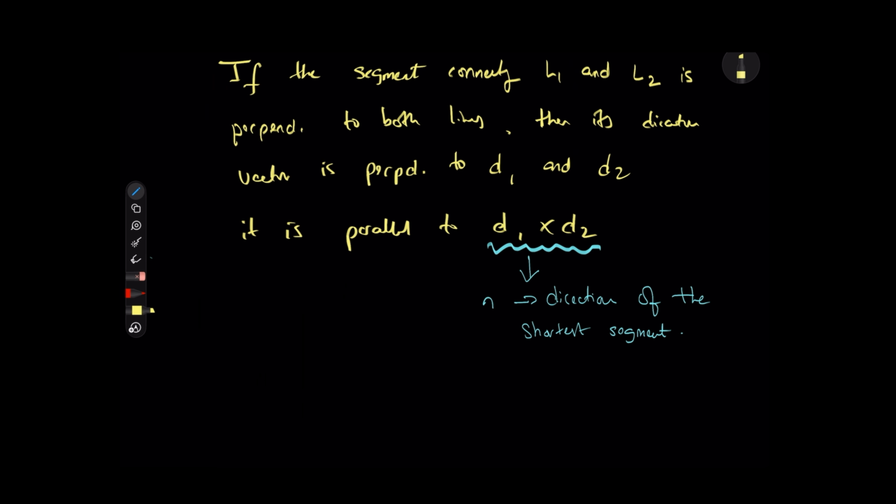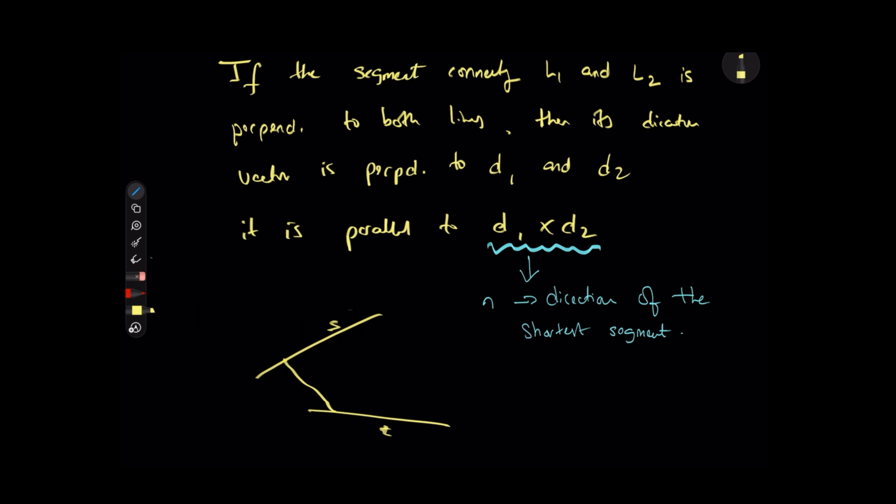We take the component of P2 minus P1 along the normal, which is the length of our perpendicular segment. And now we're going to try to eliminate S and T, because if we have two skew lines and one has S and one has T, what I want is the shortest segment.